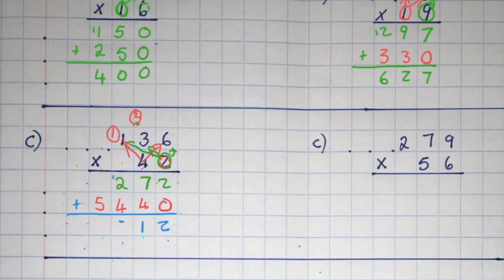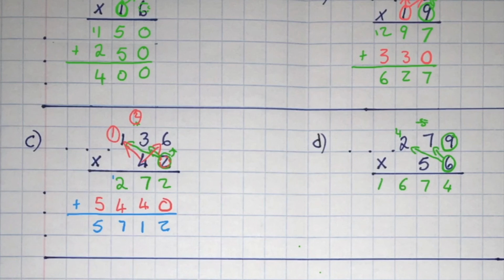That will give us 7 and 5. 6 times 9 is 54. Then 6 times 7 is 42, plus 5 is 47. 6 times 2 is 12, plus 4 is 16.